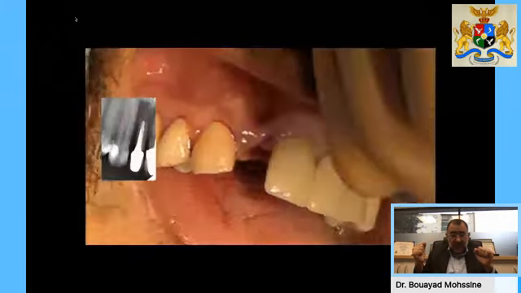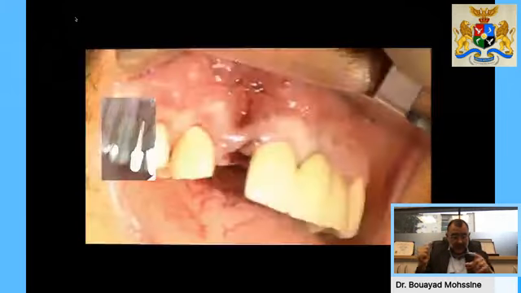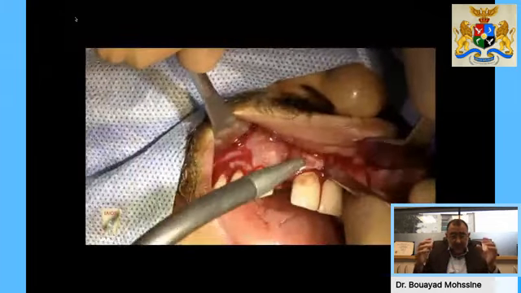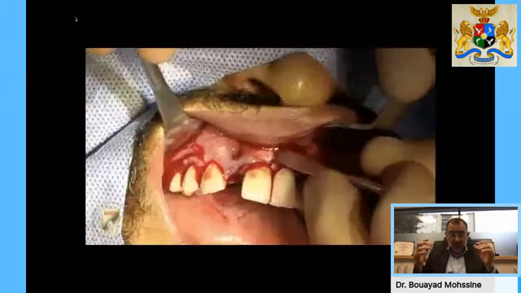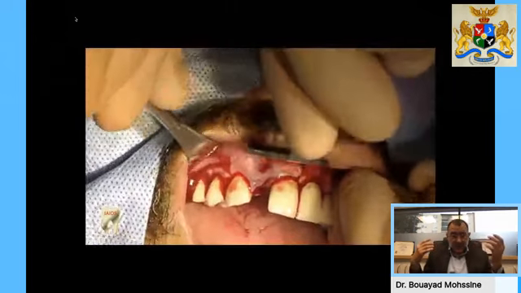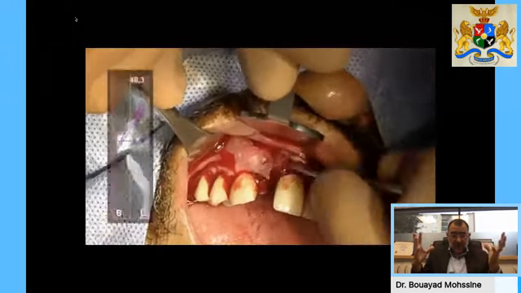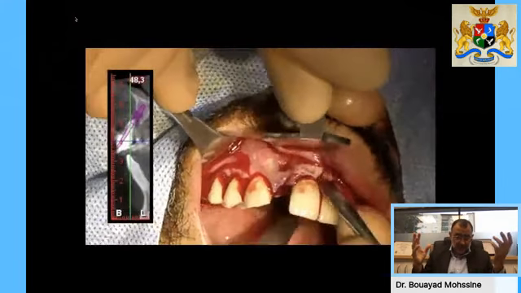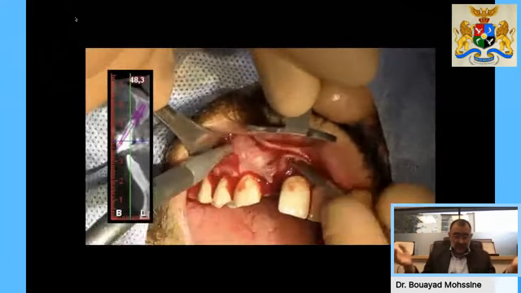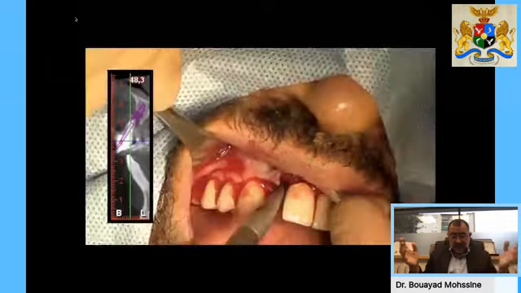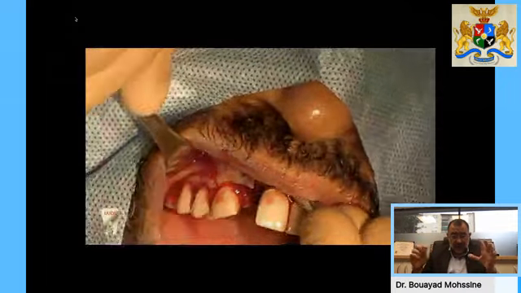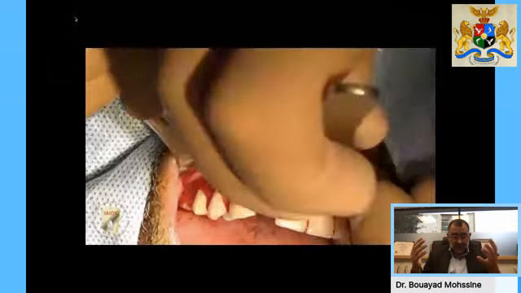This patient came with a broken lateral incisor, and we had to extract it, and we had to remove the granuloma from the site.